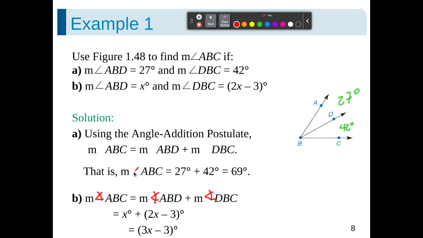If we already know that ABD is X, plus DBC, which is 2X minus 3, we can do algebra, add them together, and simplify, and we come out with that result right there.